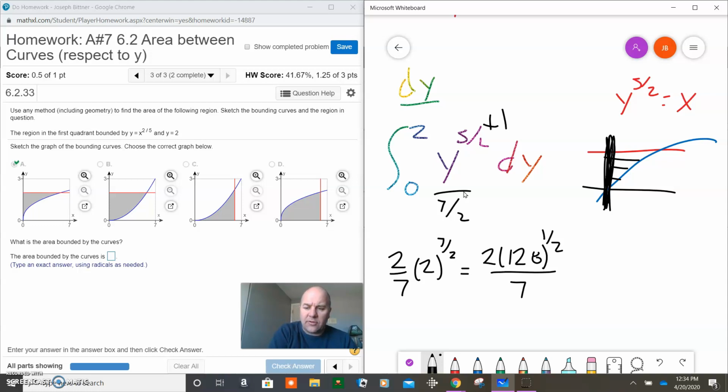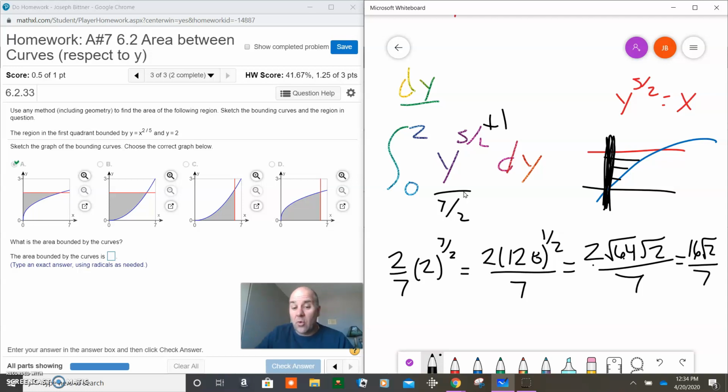I just took 2 to the 7th power, and the square root of 128 can actually be broken down to square root of 64 times square root of 2, over 7/2, which you should know square root of 64 is 8. 8 times 2 is 16. Square root of 2 over 7. Ooh, quite a bit of work there.